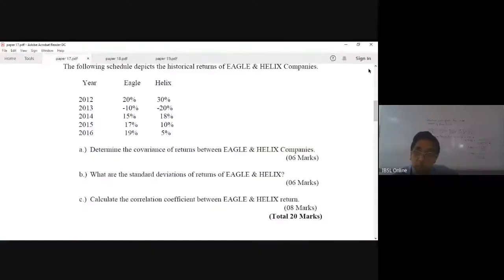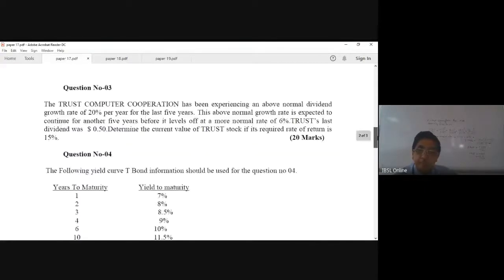What we did was we went through question number 3 with regard to Trust Computer Corporation.